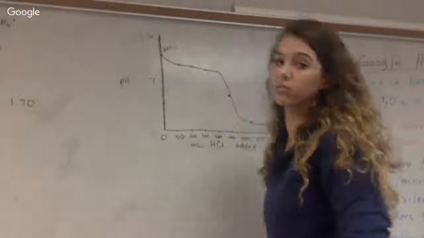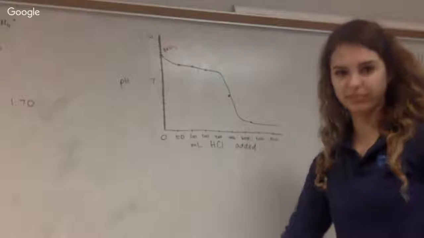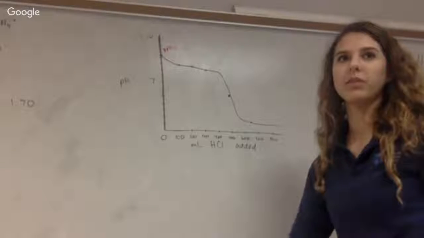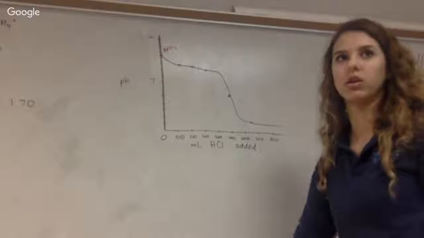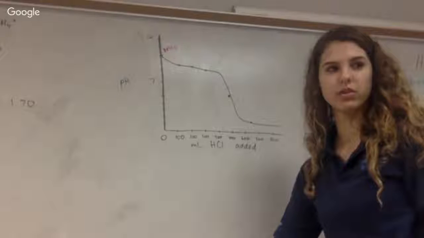We have water. True, and that's actually a good point. Sometimes they'll ask you what are the species, and if you wanted to include water in there, you can include water as well. Wouldn't water give NH3 a way to make NH4 plus? Yeah, but this is NH3 by itself sitting there.